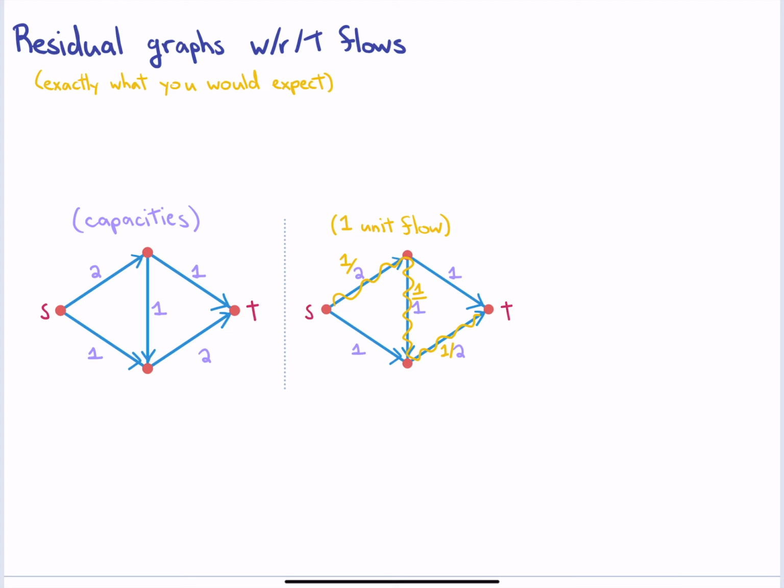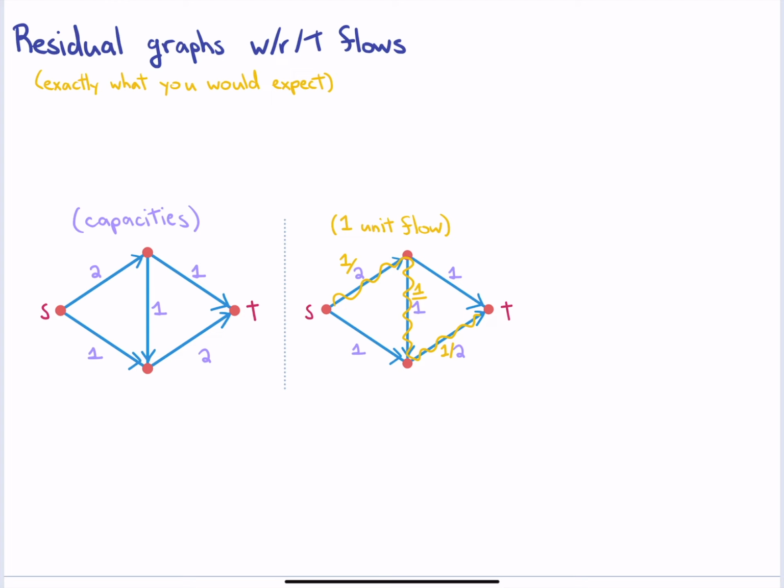Last time we had to do this elaborate thing of uncrossing paths and stuff like that. With flow, it's a little bit simpler. If I have 1 unit of flow going in this direction, and let's say there's only a pipe in this direction, and I already have 1 unit of flow going this way, and suppose I wanted to push 1 unit of flow the other direction. Well, 1 unit of water flowing this way and 1 unit flowing that way would just cancel out to be 0 in both directions.